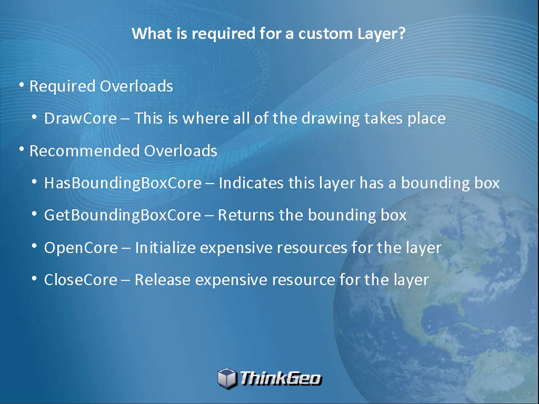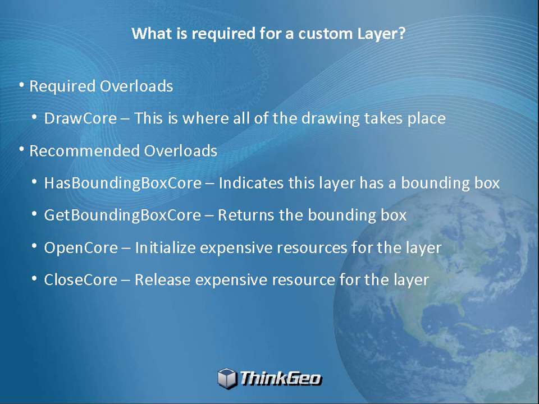And then you need to override GetBoundingBoxCore and have it return that bounding box. Now, the default implementation of GetBoundingBoxCore is to raise an exception. So if you're ever going to call this, you want to check the property first, HasBoundingBoxCore, before you try to call GetBoundingBox for the particular layer.